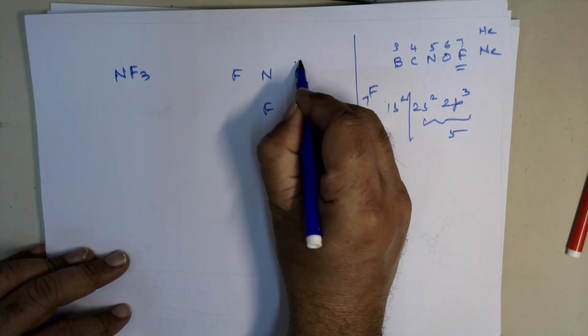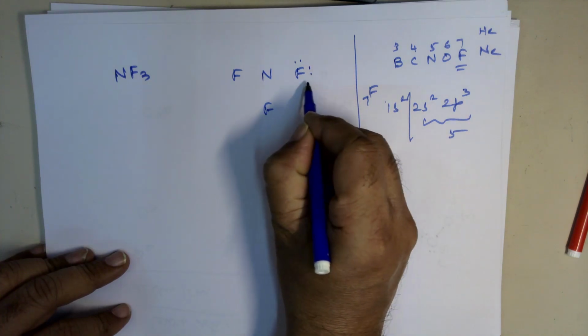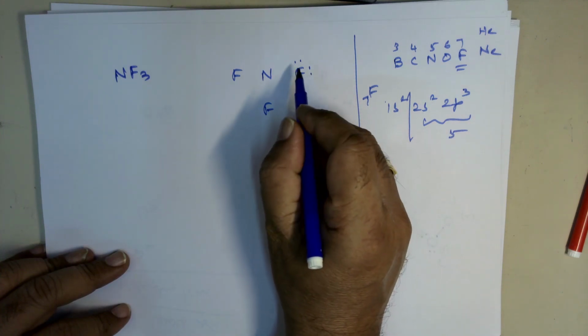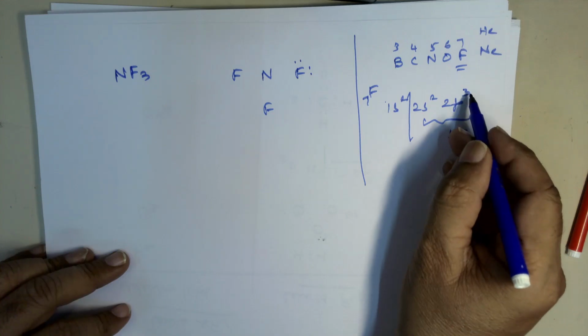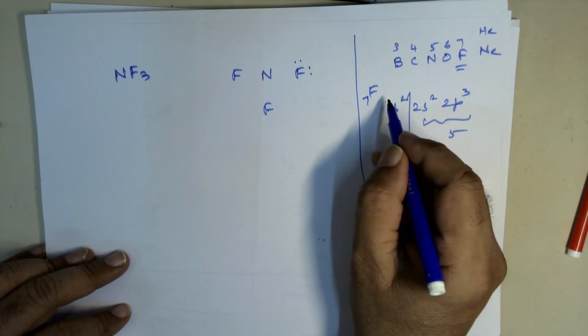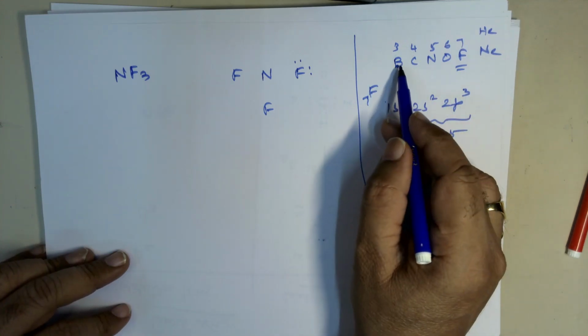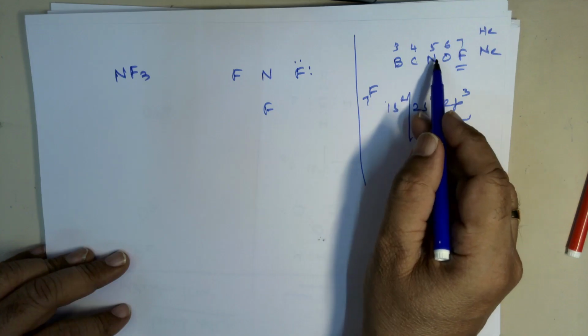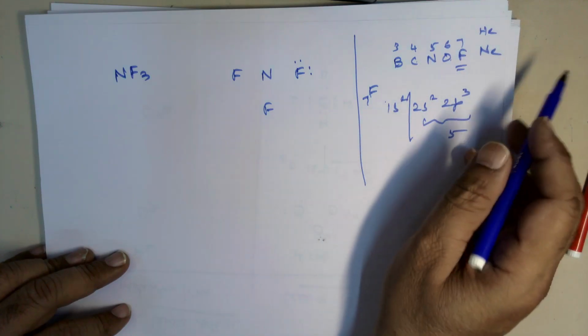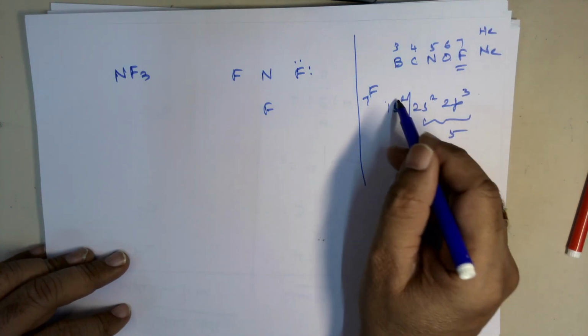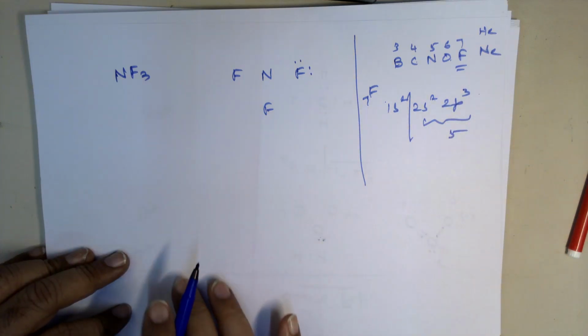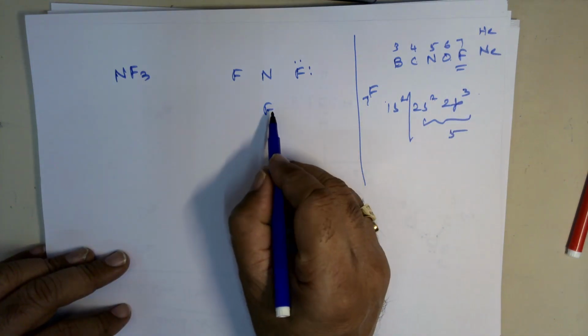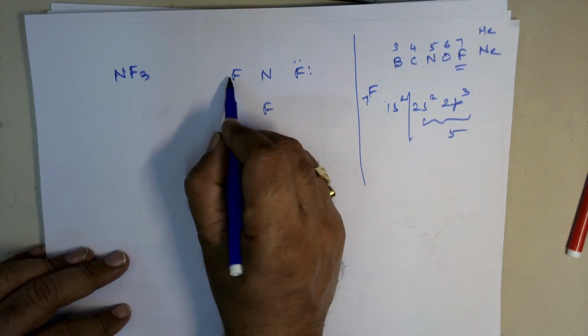Now you've got 2, 4, and you have here 7. I'm sorry, let me check: boron, carbon, nitrogen, oxygen, fluorine. Correct. So 7. So 2, 3, 5 plus 2, 7 only. Okay, 5. Right? And here you have F and here you have F.